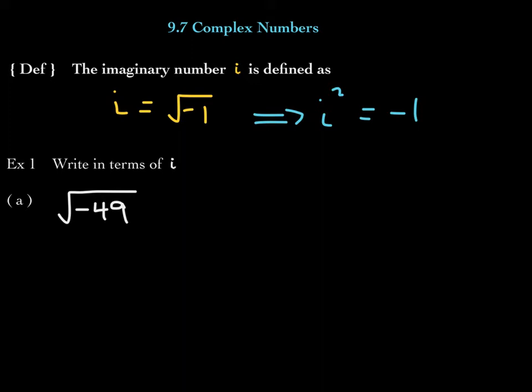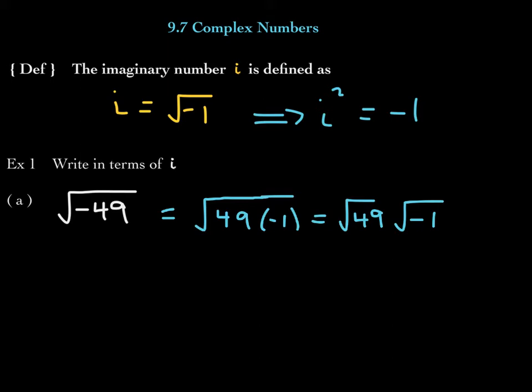Using the product rule for radicals, we can rewrite this as the square root of 49 times -1, and furthermore, it is equal to the square root of 49 times the square root of -1. We all know that the square root of 49 is 7, and the square root of -1 is exactly what i is equal to. So the square root of -49 is 7i.